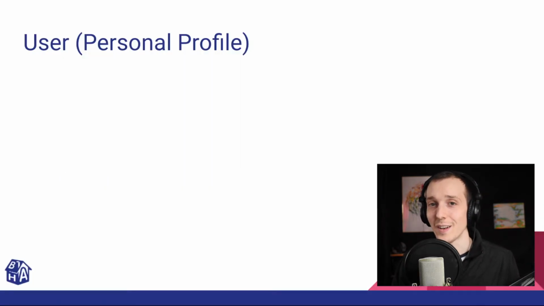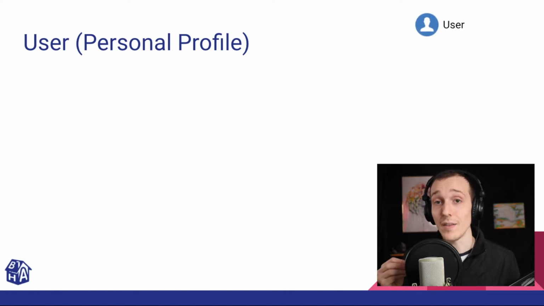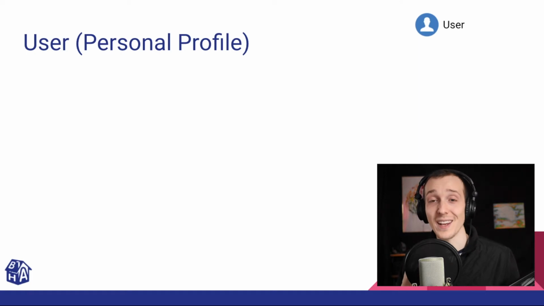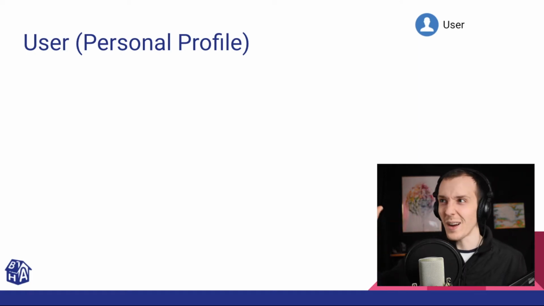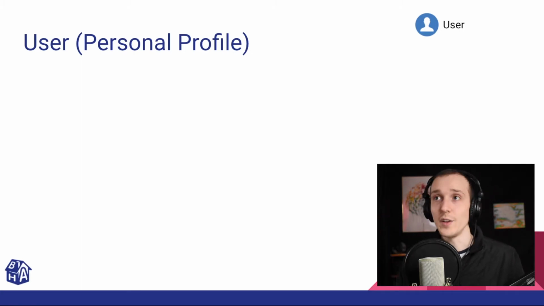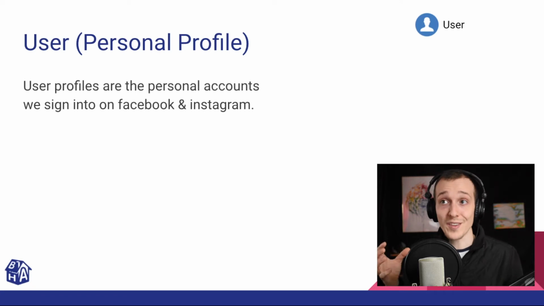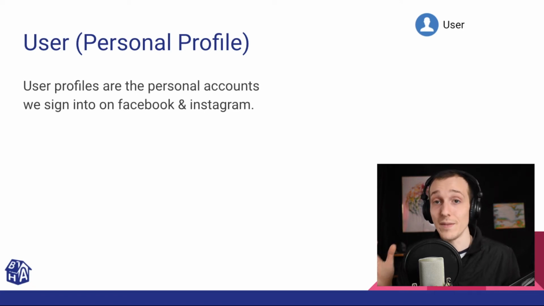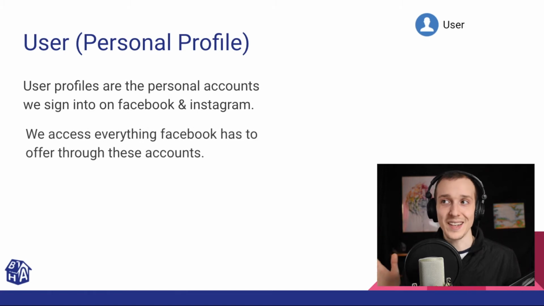Facebook considers our accounts users or personal profiles. Let's add in a diagram here to the right. I love visuals. They help me understand, and I hope they help you understand throughout this course. We're going to see how everything comes and falls together here. So user profiles are the personal accounts we sign into on Facebook and Instagram, and it's through these we access everything Facebook has to offer, okay?